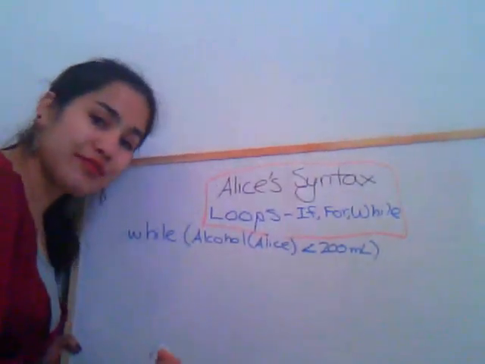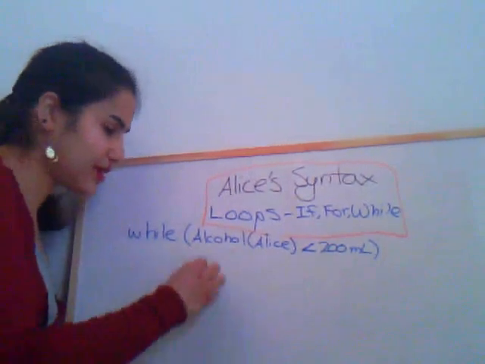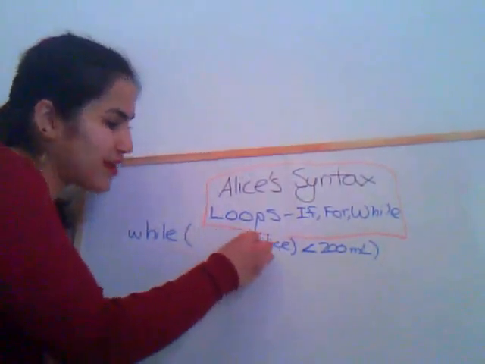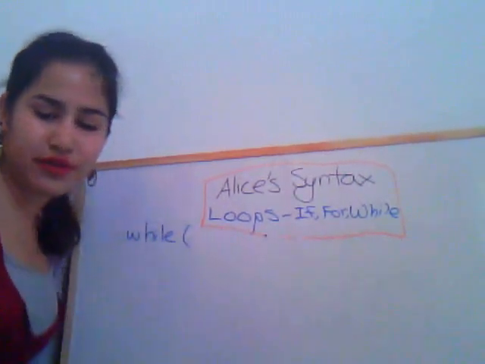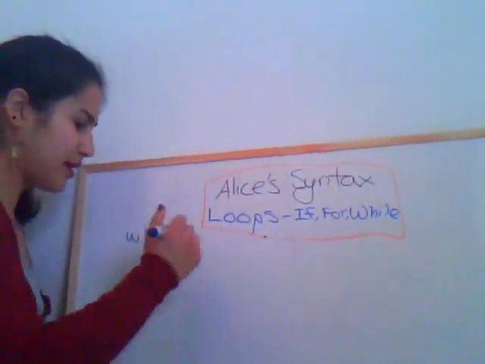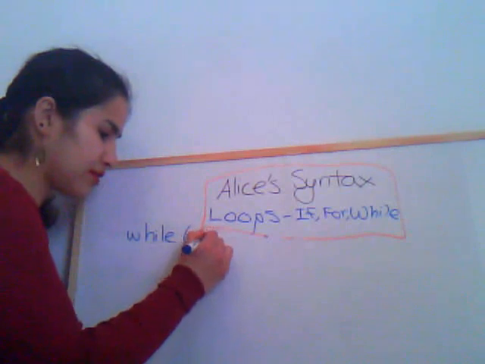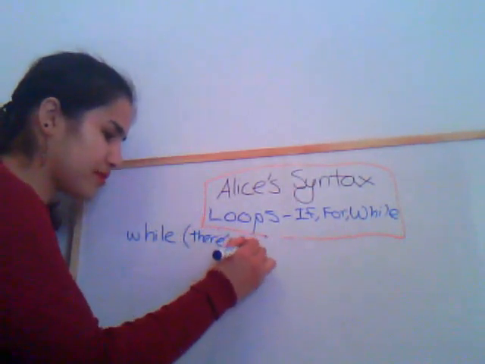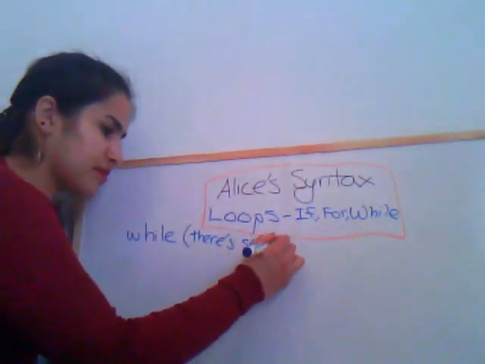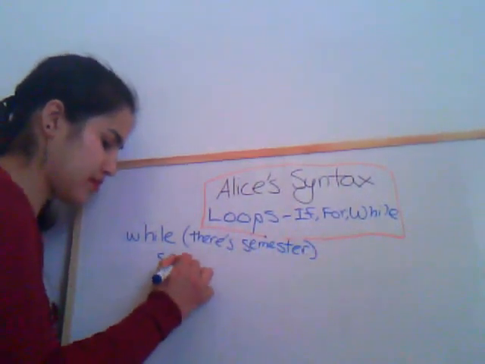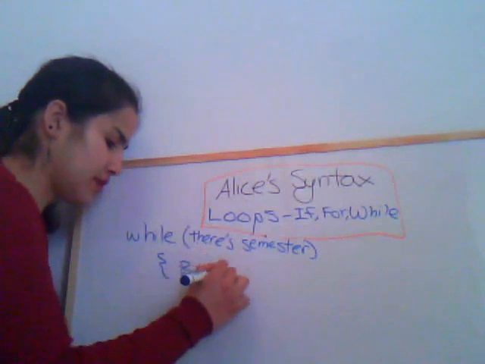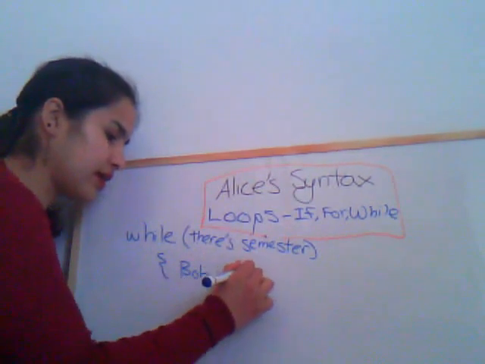While there's a semester, Bob is studying, correct? And then while Bob is studying, what happens? Alice's friends cannot speak loudly, of course. So, while there's a semester, Bob is studying.